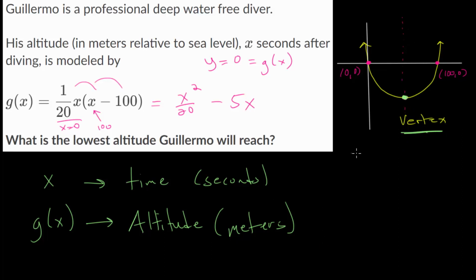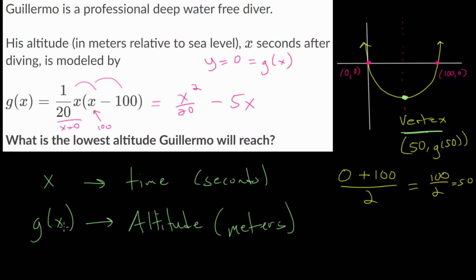So what we can do is take our x values, add them together, and then divide by 2 to find their average. And this is just 100 over 2, which is 50. So the x value of the vertex is at 50, and the y value, what we're looking for, we would just plug 50 into our function there. So let's actually compute g of 50. This will give the lowest altitude that he will reach. And if we plug that in, we get 50 over 20 multiplied by 50 minus 100.